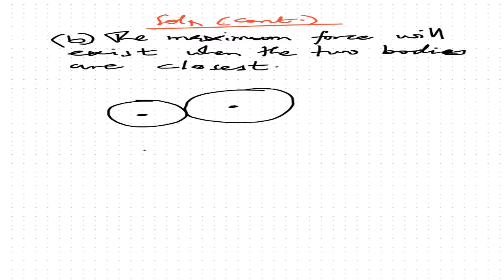And the question has given us the smaller one and then the bigger one. So M1 is the 4, and M2 is the 7.5. So when they are closest, that is when you get maximum gravity.